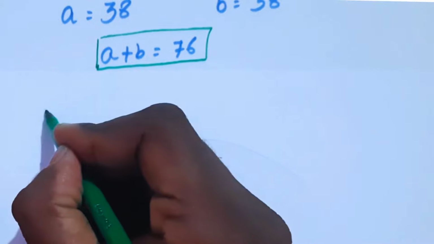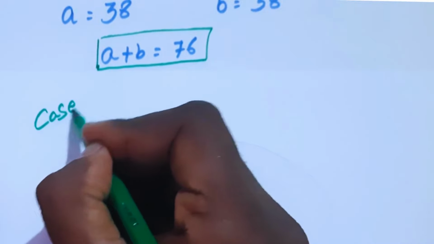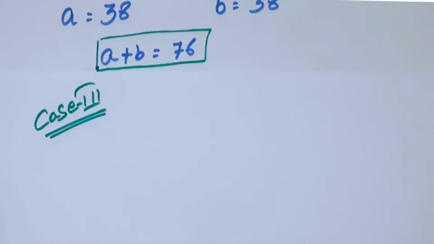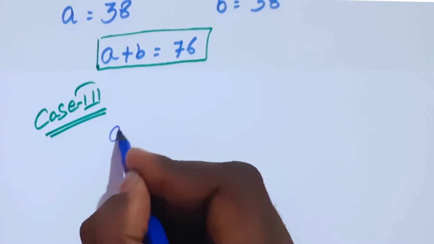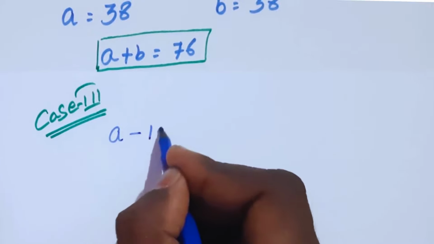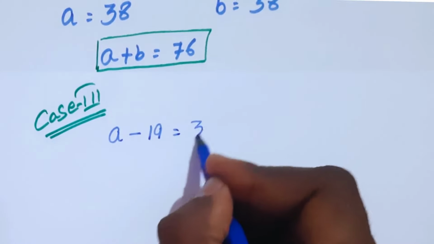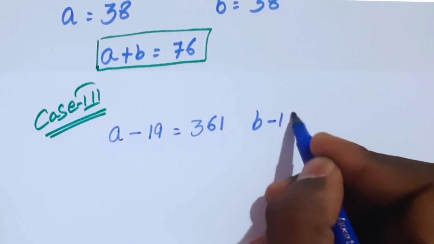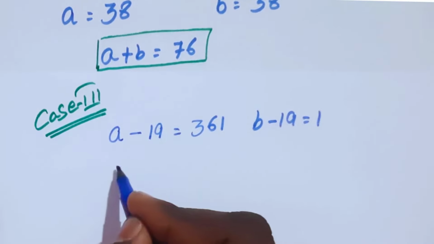Now case 3. A minus 19 equal to 361, B minus 19 equal to 1.